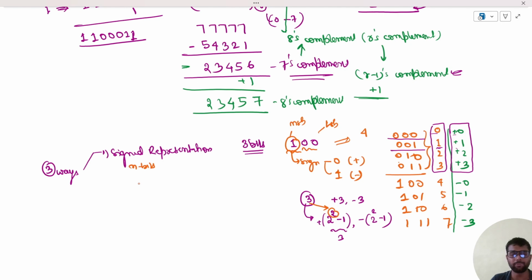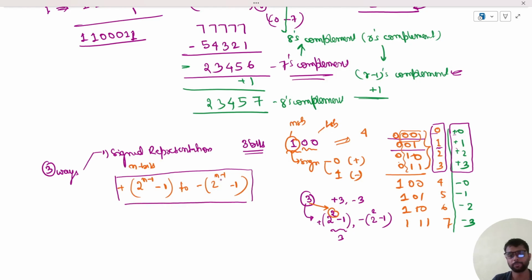With n bits, we can represent 2 raised to the power n minus 1, and 1 is used for 0. Out of these 4 different representations, 1 we are using for 0. So therefore, 2 raised to the power n minus 1 minus 1, from plus this to minus 2 raised to the power n minus 1 minus 1. This is the total representation that can be done with n bits in signed representation.